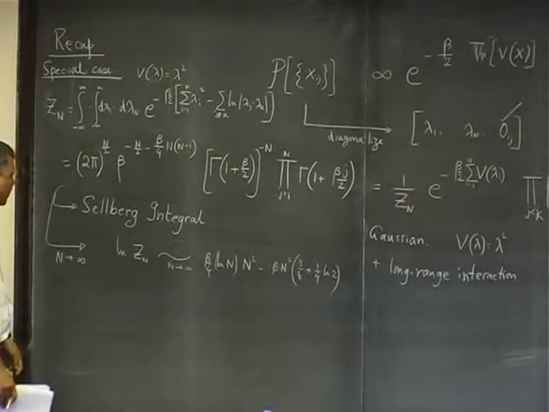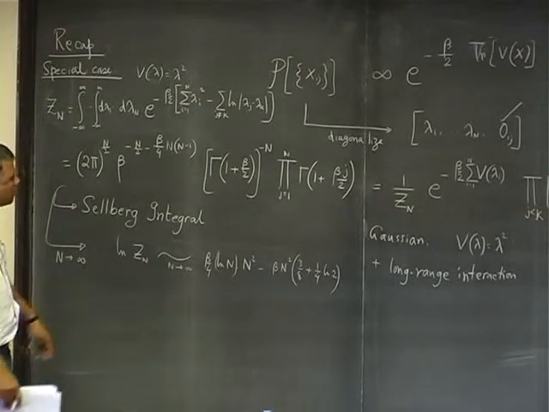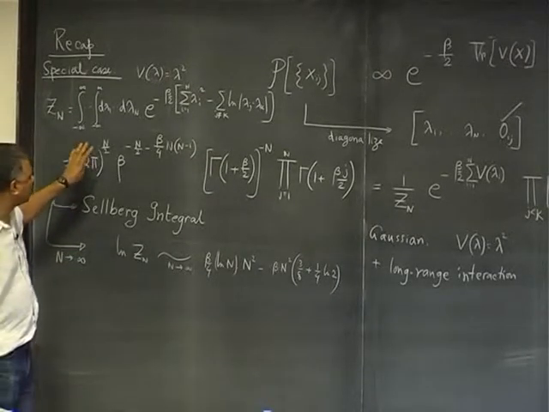So you might say that everything is known, everything is done, so what do I need to do more? The problem is that this is just this Zn.